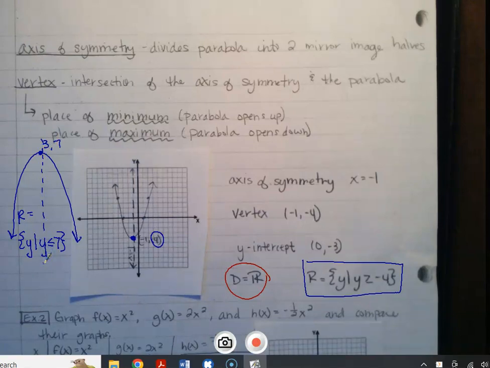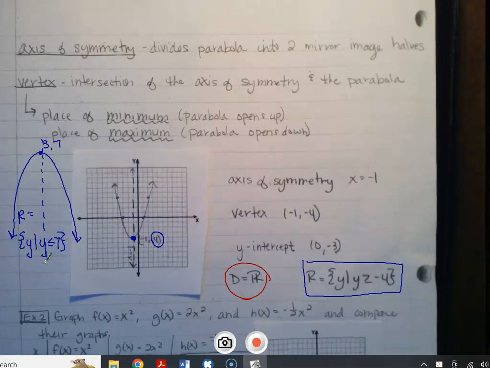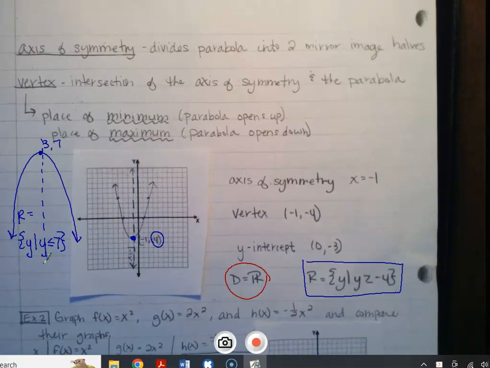So your vertex is super important in a parabola. That's why we're going to get to where we can convert our function from ax squared plus bx plus c into what's called vertex form. Everything in a parabola revolves around the vertex.